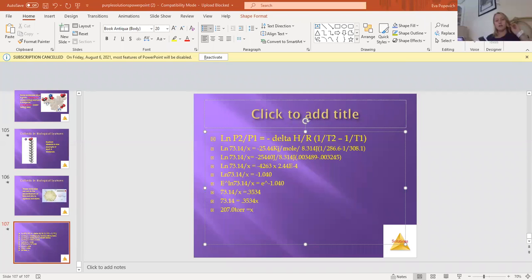I have a question. Go ahead. I think it's the same thing that Anaya is talking about, where it says negative 25440 joules over 8.314 joules. When I divide that, I got negative. I'm sorry, I was trying to get the screen back up.